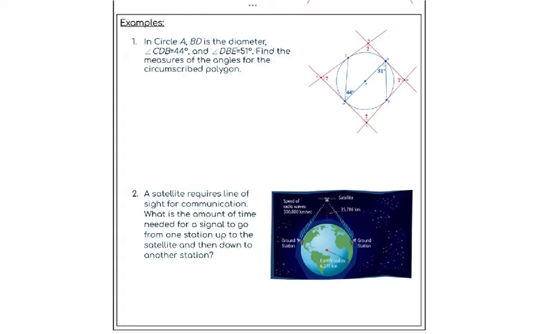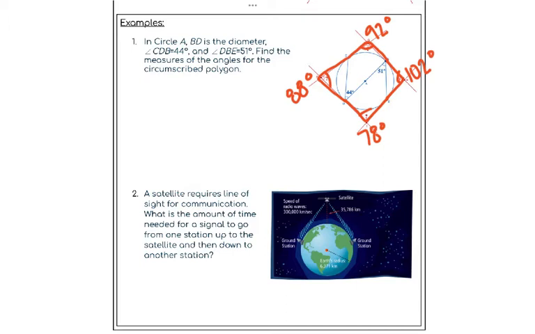So angle CGB is going to be 92 degrees. Angle BHE is going to be 102 degrees. Angle EID is going to be 78 degrees. And then here, angle DFC is going to be 88 degrees. So those are all of your angles of the circumscribed polygon.